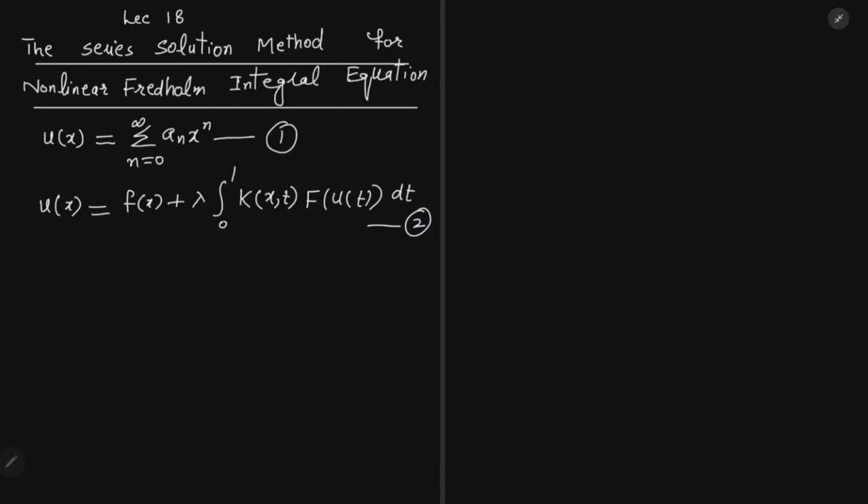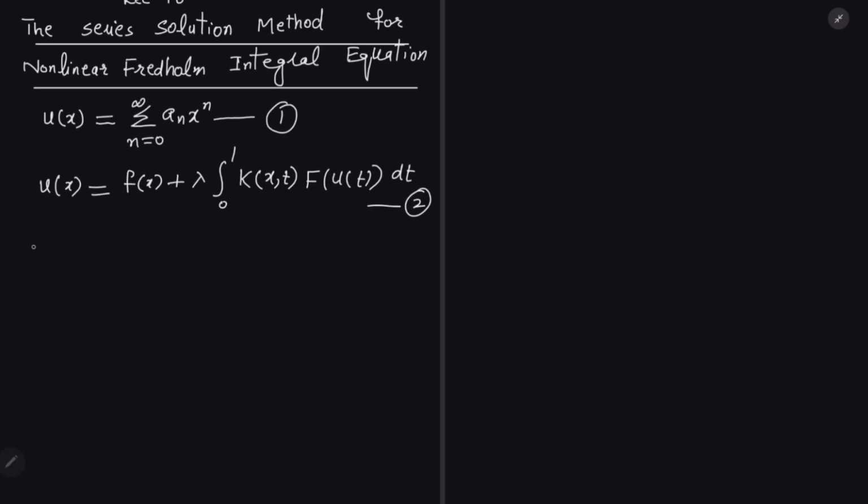What we do, we simply put equation 1 into equation number 2. So on the left hand side, we have the sum from n equals 0 to infinity of a_n x^n. The problem here is there is a non-homogeneous function f of x. On the left hand side, we have a polynomial in terms of x.